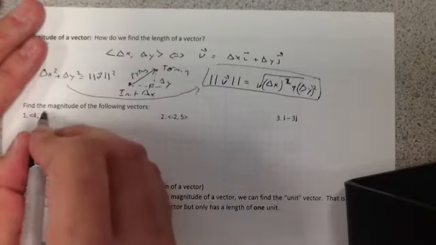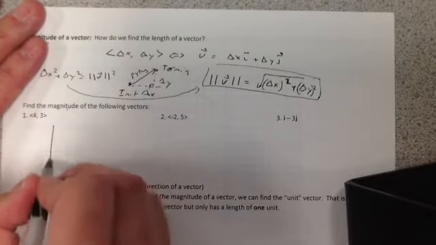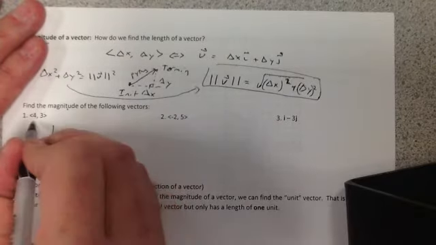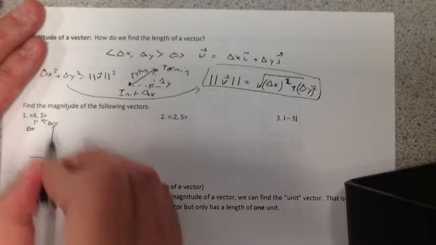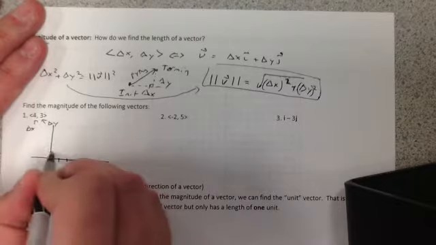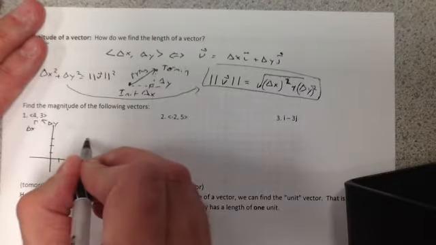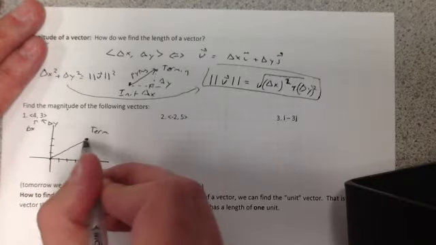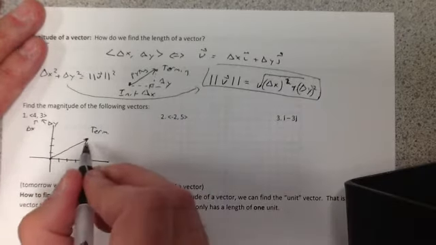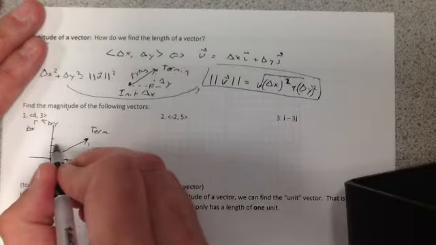So if I want to find the magnitude of this vector, graph it. Graph it like it's hot. 4 in the x, that's our delta x. Up 3, there's our delta y. 1, 2, 3, 4. 1, 2, 3. There's our terminal point. We're starting at 0. So there's my vector. How do I find its magnitude?